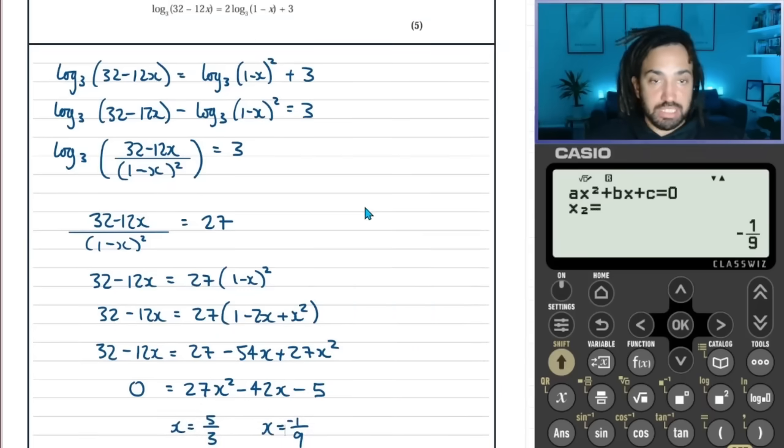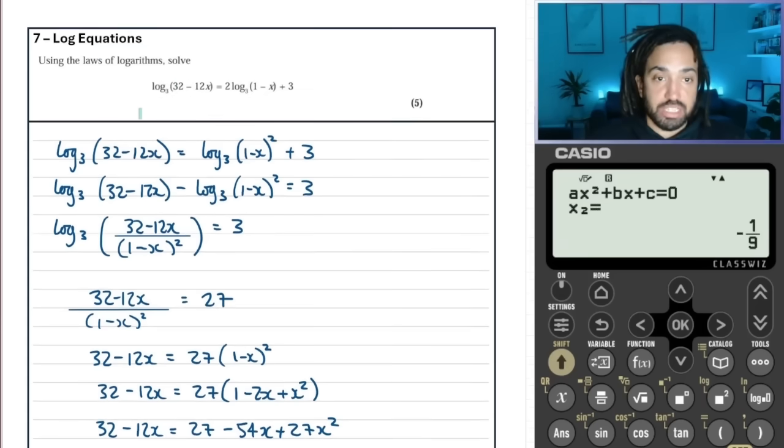And in fact, let's look here to see which ones will be valid. So we must have inputs of logarithms be positive.